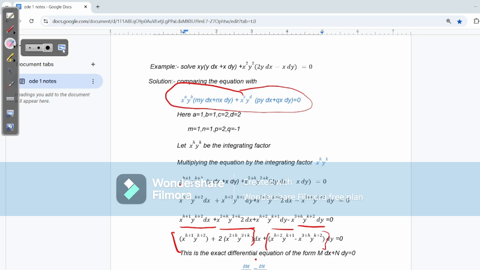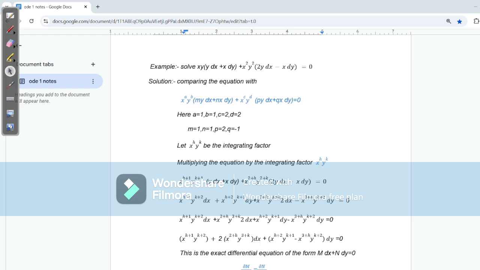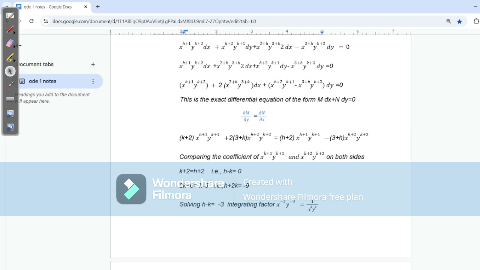Now for this to become exact, we have to differentiate these equations. After differentiating, taking x^h y^(k+1) common, we get k + 2, h + 2, and x^(h+2), k + 2, this term common, gives 2k + 6 is equal to −h − 3.